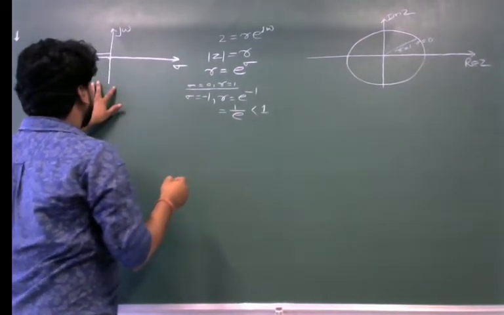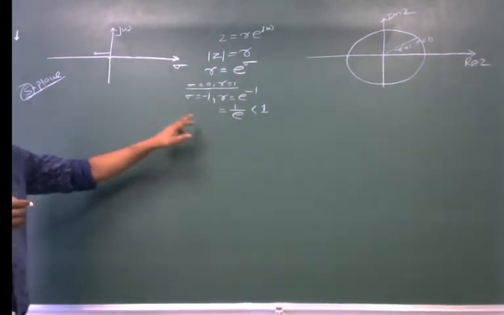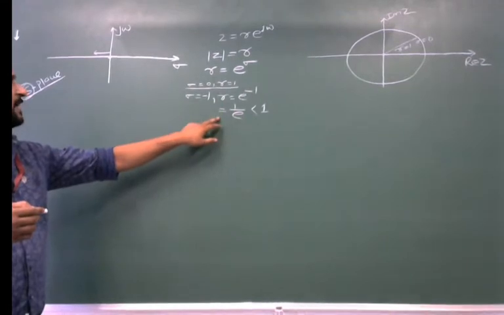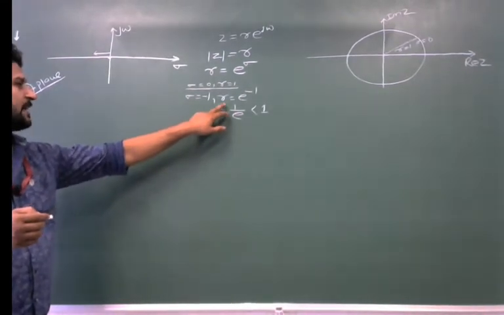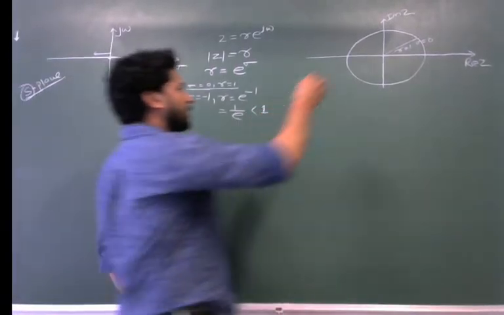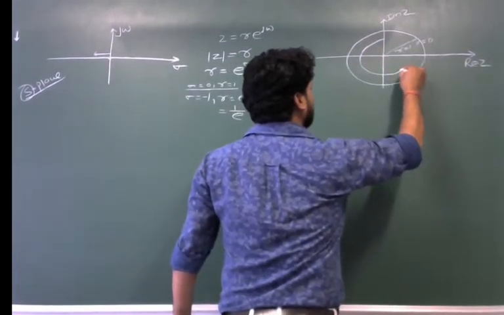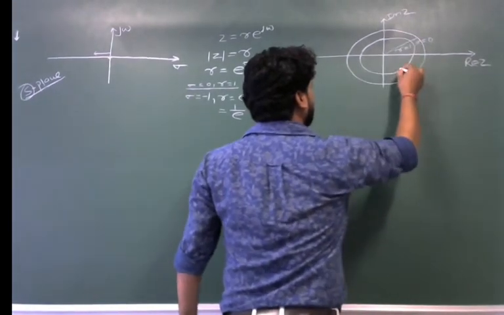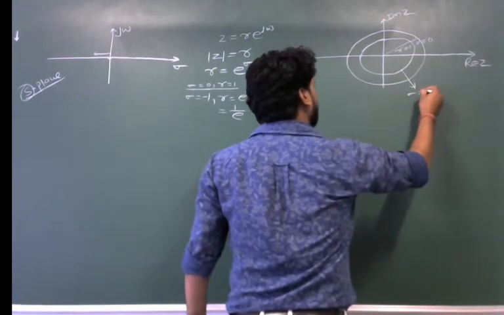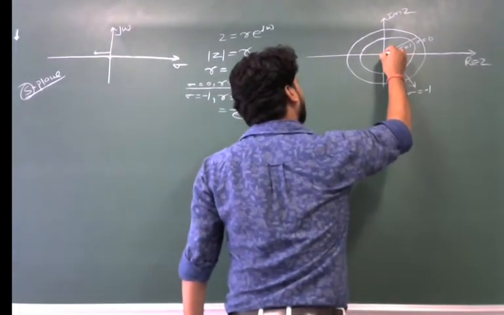So for sigma equal to -1, it will be a circle of radius 1 upon e.